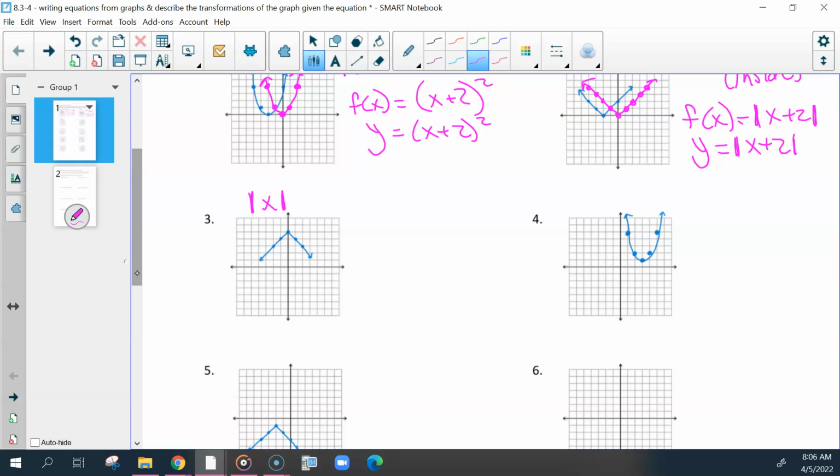Flipped. And it translated up. So I'm just going to write those two things. Flip upside down, and translate it up how many units? Not one. More than that.